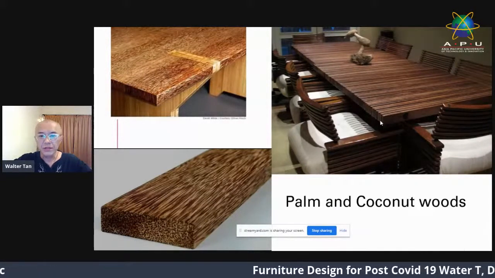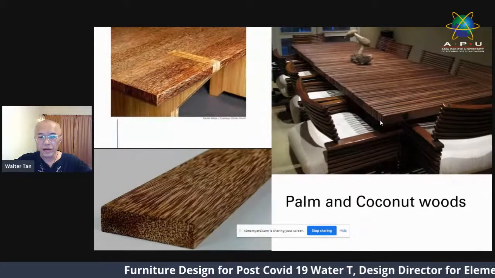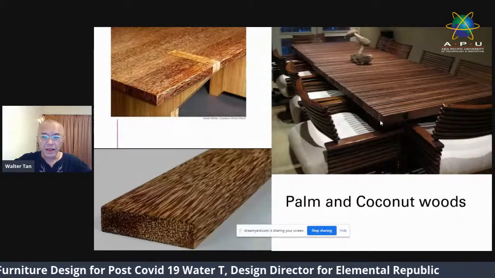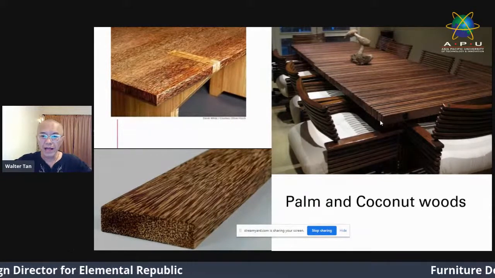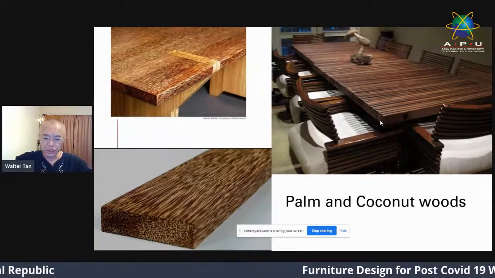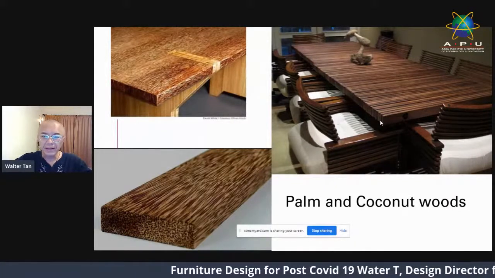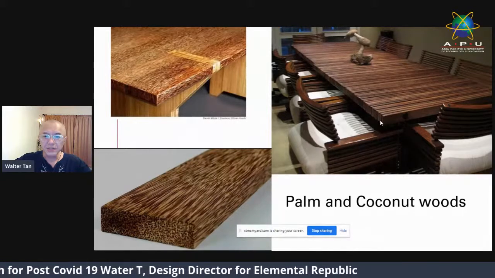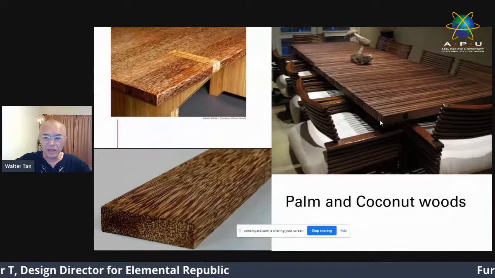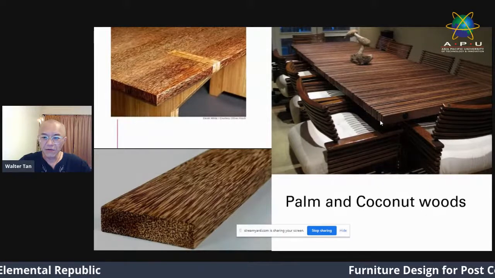Palm wood is still a bit soft, but coconut wood is actually very hard, and it can withstand salt water. When ships stop at any island, they have to tie a string to a pole in the sea, which is normally a coconut tree. So it's actually very strong.